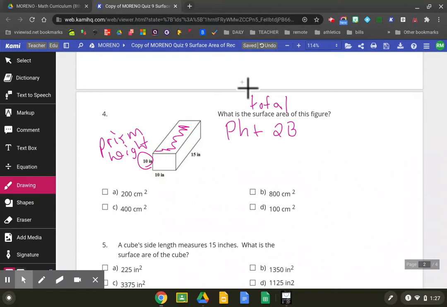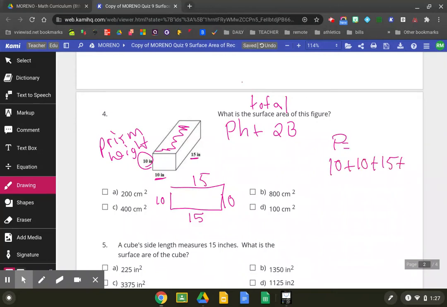Right here on this one, for big P, the numbers are 10, 15, 10, and 15. So big P is 10 plus 10 plus 15 plus 15. That's 20 and 30, so that'll be 50.